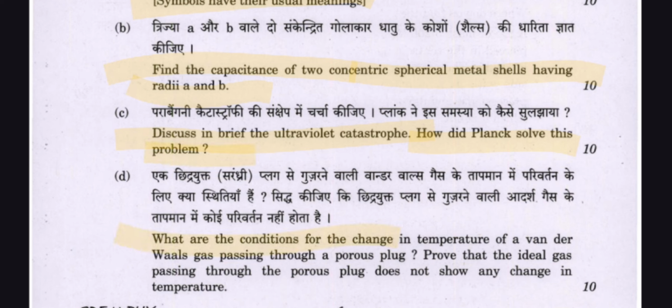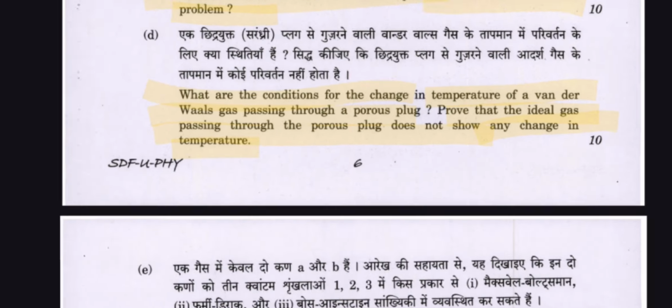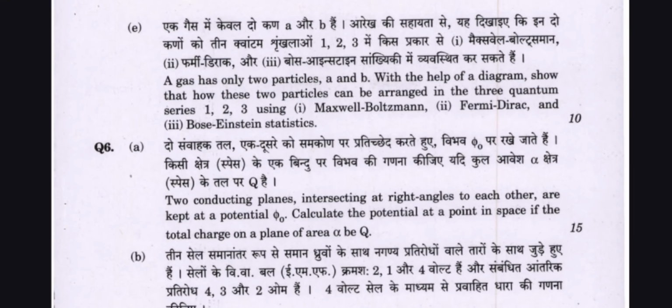What are the conditions for a change in temperature of a van der Waals gas passing through a porous plug? Prove that the ideal gas passing through the porous plug does not show any change in temperature.